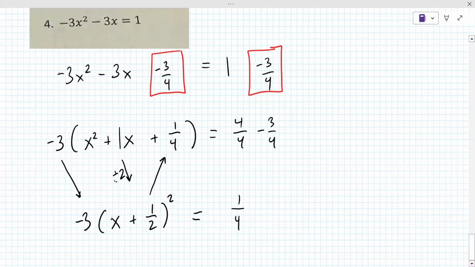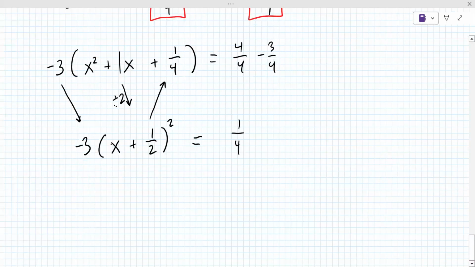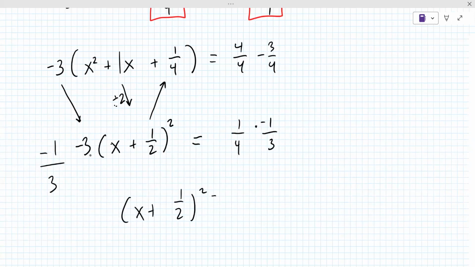Okay. Good news here coming up is that when you try to solve this, when you divide by -3, or maybe better, multiply by -1/3, you end up getting on the right a negative number, -1/12. And what's the problem when you take the square root of both sides here?